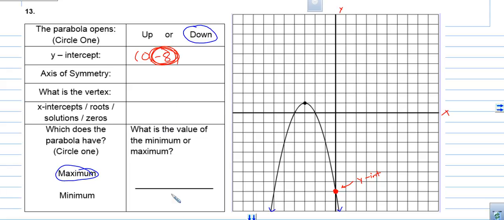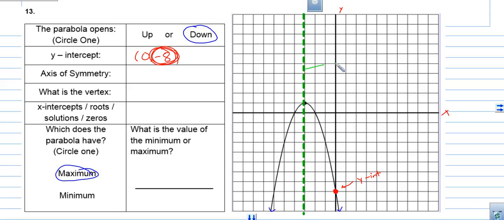The next thing is going to be the line of symmetry, okay, or the axis of symmetry. This runs through the vertex. Well, the vertex is this point right here, and it's going to run right through the dead center of that. Okay? And so the axis of symmetry is going to be right here, where it's the same on one side as it is on the other. Okay?